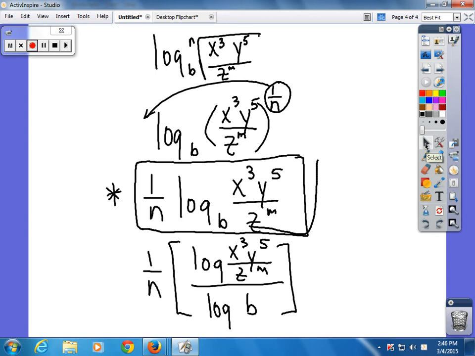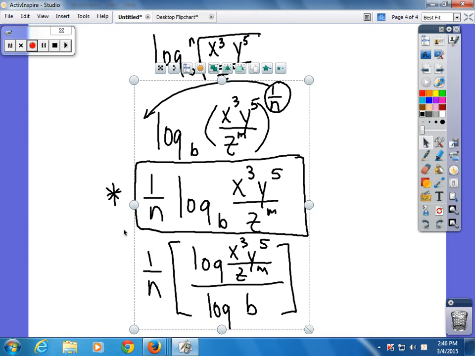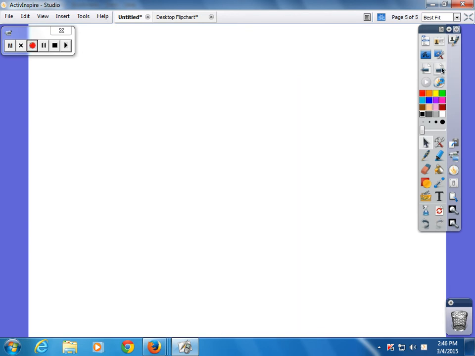So let me just copy the whole thing over. 1 over n, log base b of x cubed, y to the 5th, over z to the m.